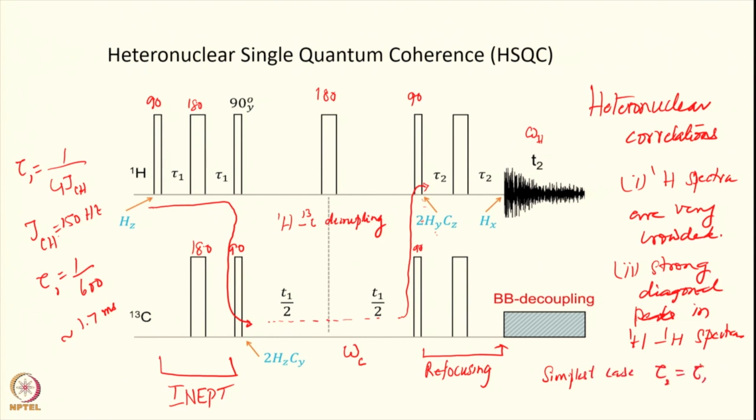That is the refocusing, so you get Hx there, and then you have decoupling happening on the carbon channel. So proton carbon coupling is removed during the T2 period. Therefore in the T2 period you have only the proton frequencies, and in the T1 period only the carbon frequencies. Okay, now let us see how the spectrum looks.